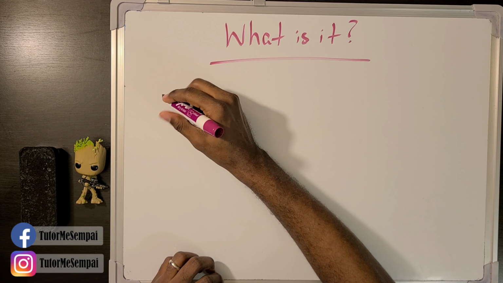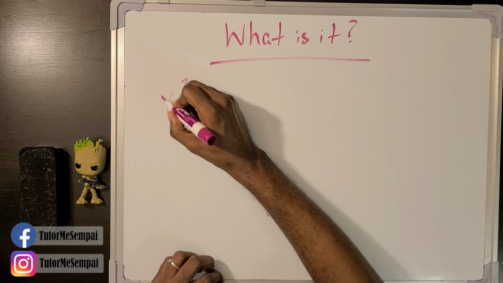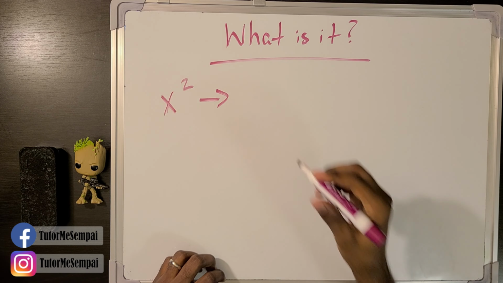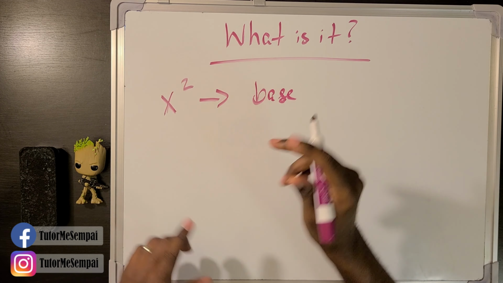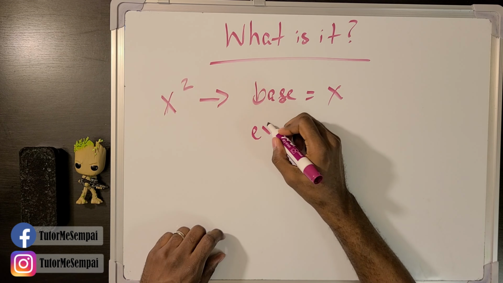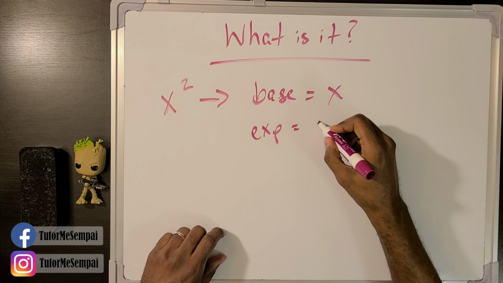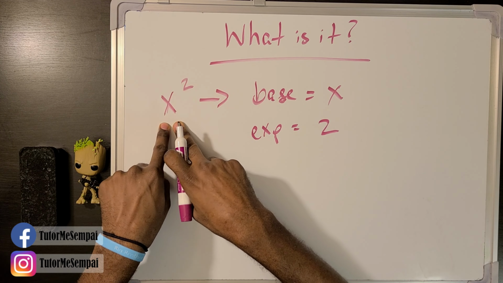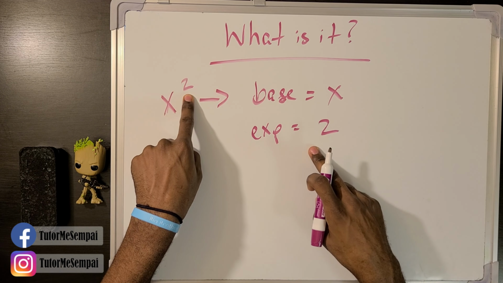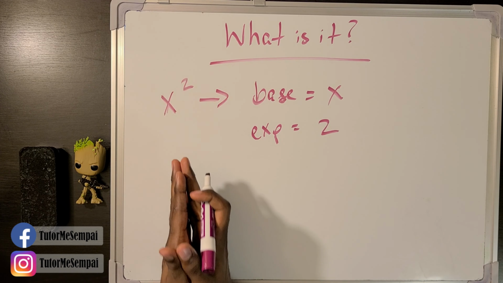So let's say we have the monomial x squared. So we have x squared, and this is going to be our monomial. We know that the base of this monomial is x, and we know the exponent of this monomial is 2. So the variable is going to be in your base, and the constant is going to be in your exponent. This is our monomial.